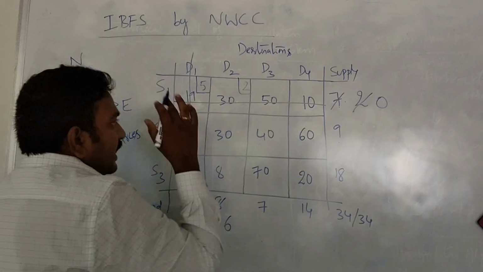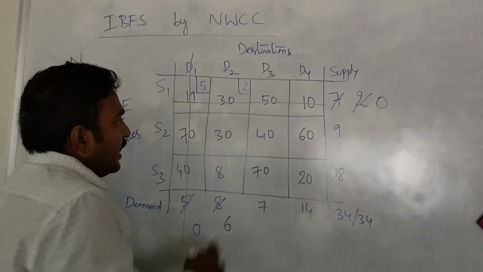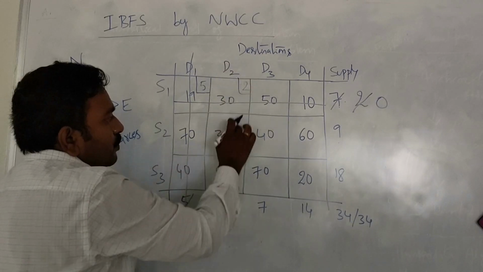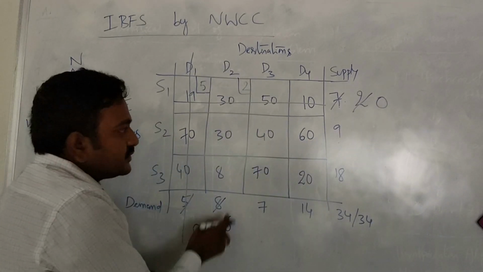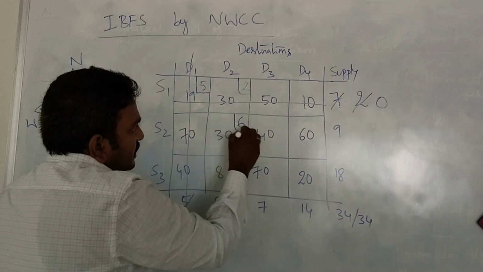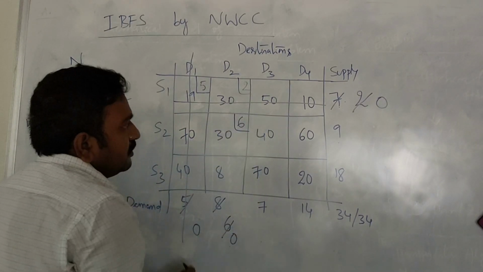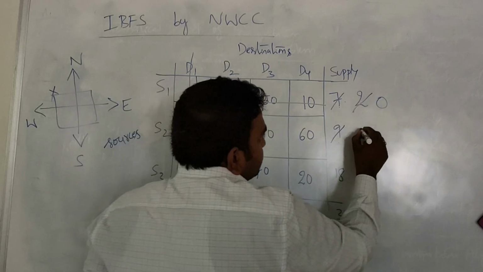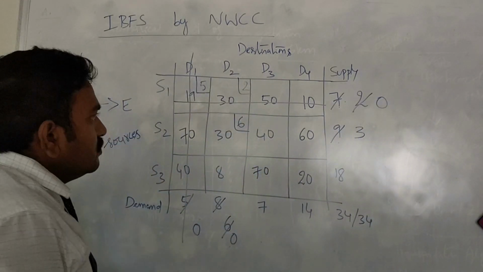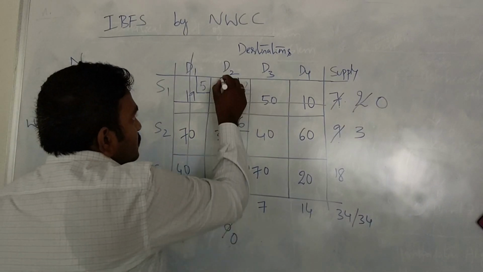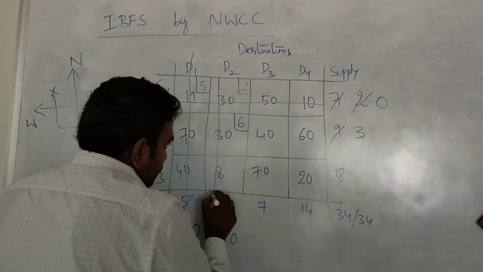Now the next first cell of the table becomes S2, D2. Here the situation is 9 and 6, so I assign 6 units here. D2 is completed and S2 becomes 3. Now this is 0, so delete this one also.